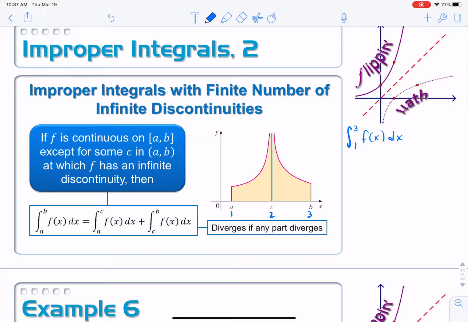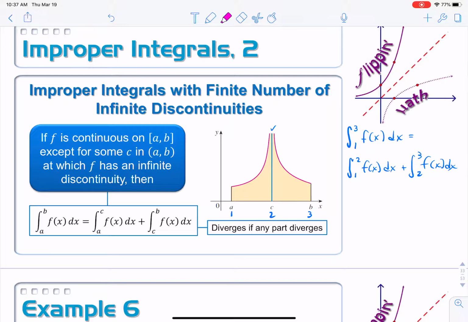Oh, I see the graph. It does have a vertical asymptote right here at 2, so I need to break this up as two separate integrals: the definite integral from 1 to 2 of f of x dx, plus the definite integral from 2 to 3 of f of x dx. Both of these are improper.